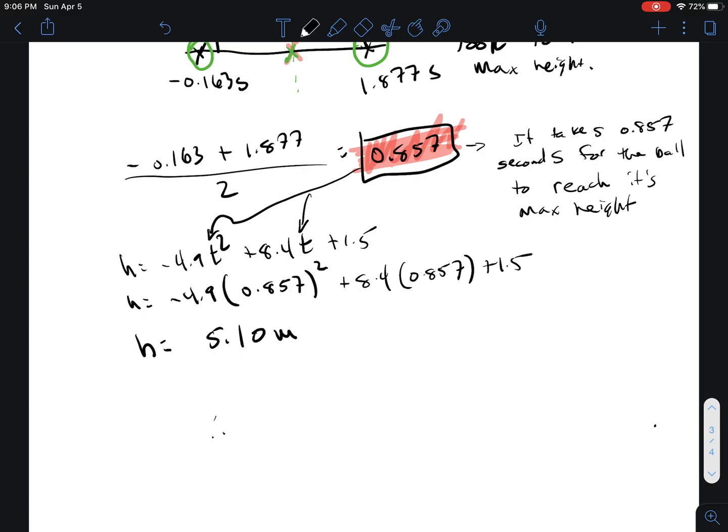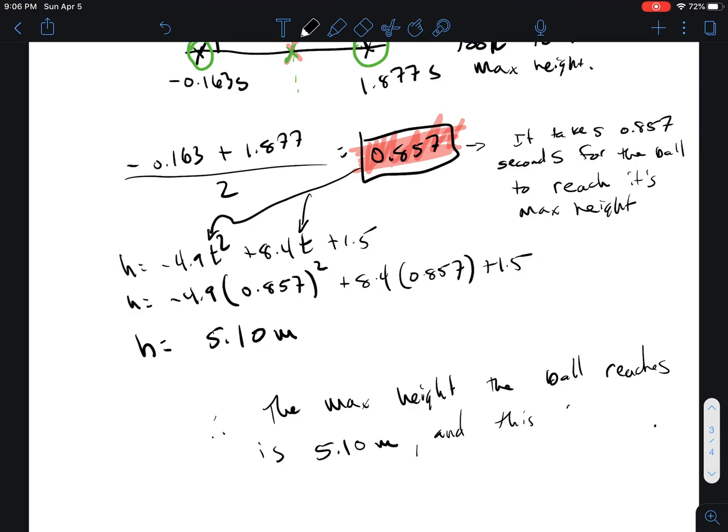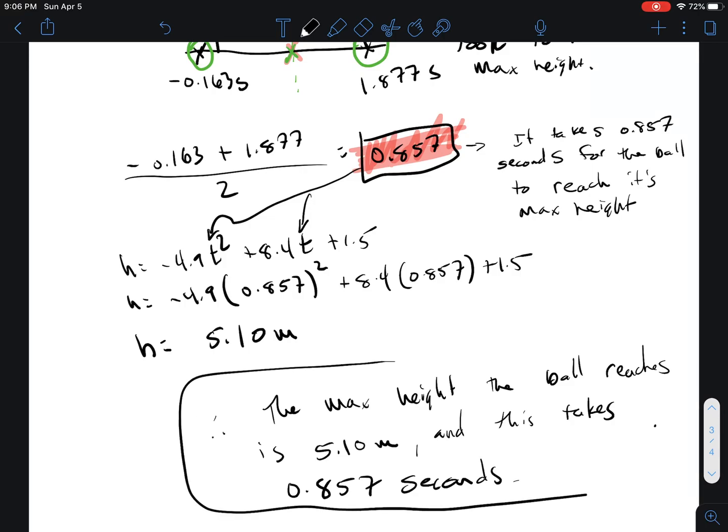So therefore, the max height the ball reaches is 5.10 meters, and this takes 0.857 seconds. Okay, that's the end of this, right?